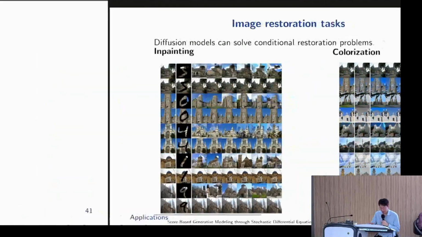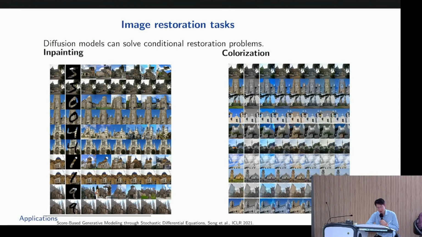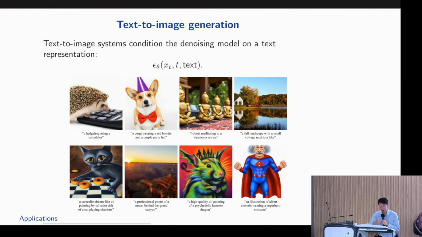Yeah, so this is basically the state of the art in image generation, and here are some examples. You can give it some corrupted image and ask it to denoise, and it generates really high quality images. You can even do colorization, inserting black and white grayscale images. And you can do text-to-image generation, where in the noise network you insert the embedding or some vector representation of the input text.